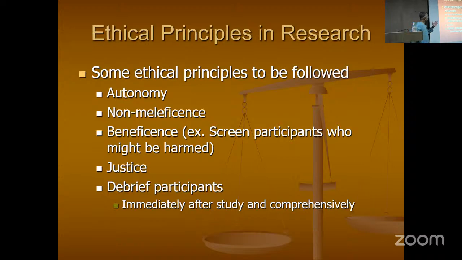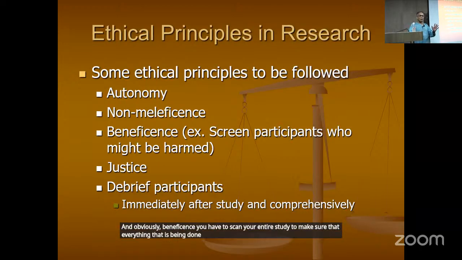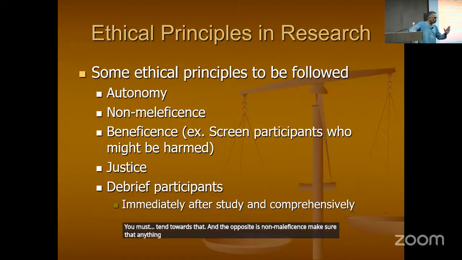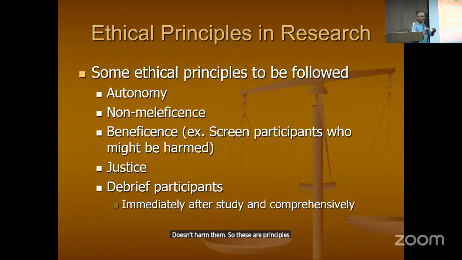And obviously, beneficence. You have to scan your entire study to make sure that everything that is being done may benefit the participant. You must tend towards that. And the opposite is non-maleficence. Make sure that anything that you're doing or saying doesn't harm them. So these are principles that are built into the study. Justice, defined as anybody who's equal on a certain trait has to be treated equally.